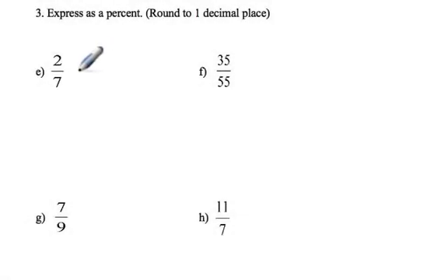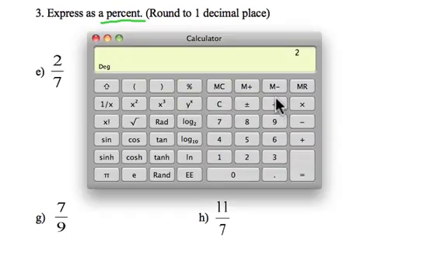For these questions, we have a fraction that has to be expressed as a percent. So we will express the fraction as a decimal number first, and then express the decimal number as a percent. 2 divided by 7 equals, and we have a long decimal number. Now to express it as a percent, we would multiply that by 100.